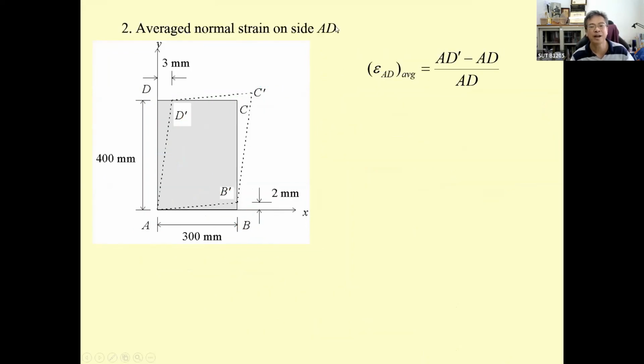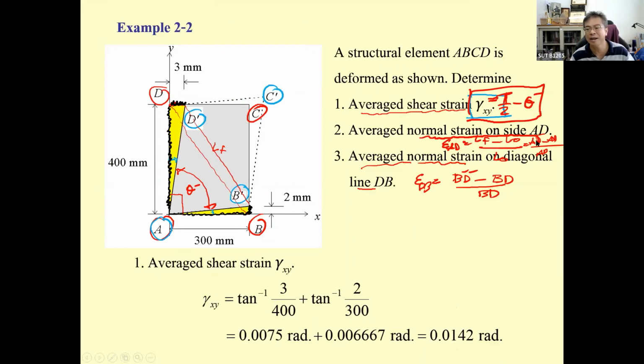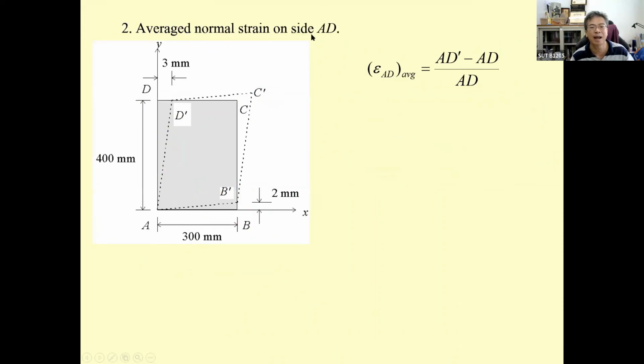And then for AD, AD prime minus AD divided by AD, just as I mentioned. AD is this 400 millimeter. So what is going to be AD prime? AD prime will be determined from this 3 millimeter and this 400 millimeter.